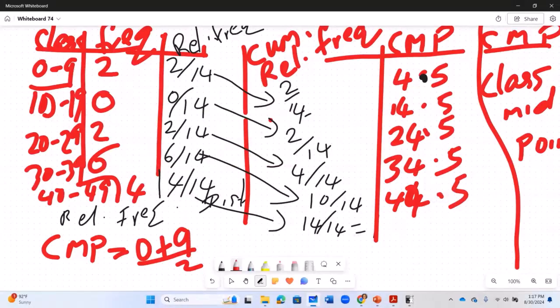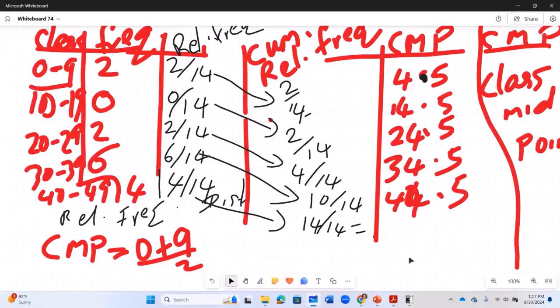The class midpoint is like the class representative. All right. So let's talk about the other properties of group data.